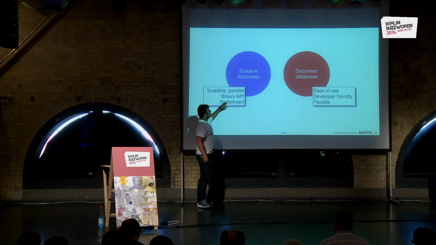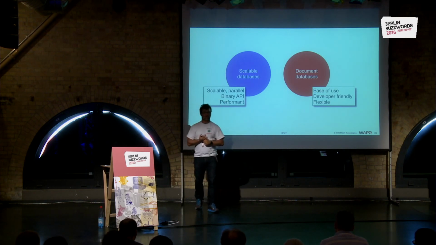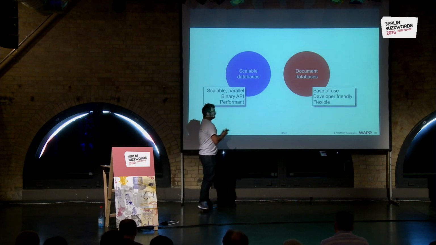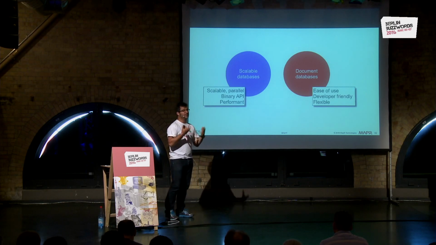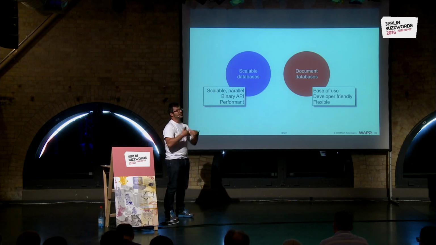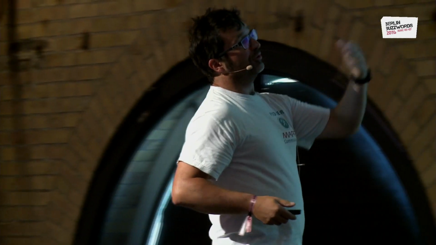Scalable using binary API, performant, very direct access to the information, has been proven, like HBase on the market. And what I like as a developer, and probably you also like, is the fact that working with documents, it's self-described, it's very easy to manipulate. The document database has been very, very successful for a medium-sized project.